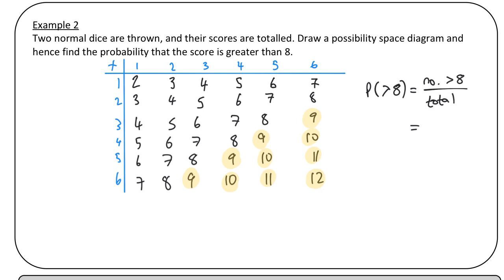We don't look at the 8s because it's greater than 8. So that gave us a total of 10 out of 36, which simplifies to 5 over 18. So the probability of a score of greater than 8 is 5/18.